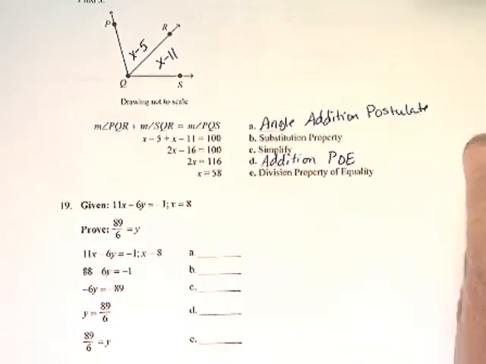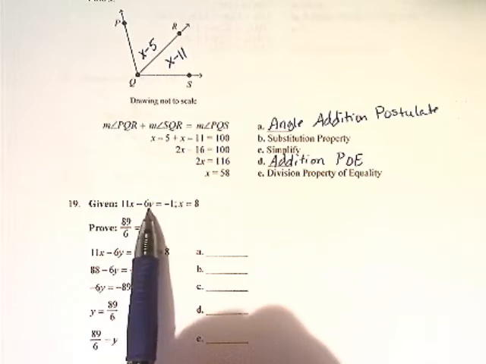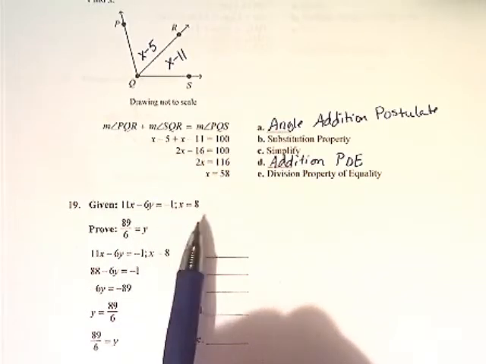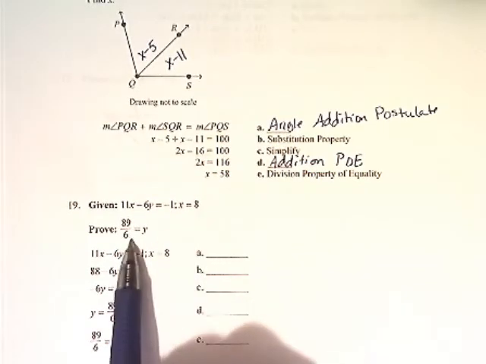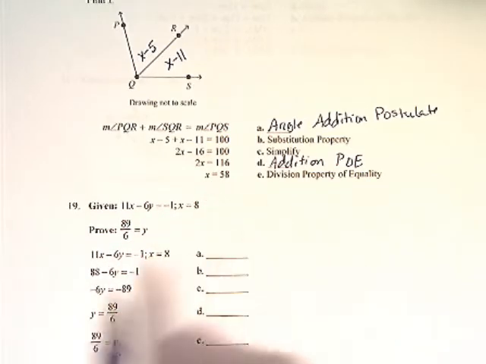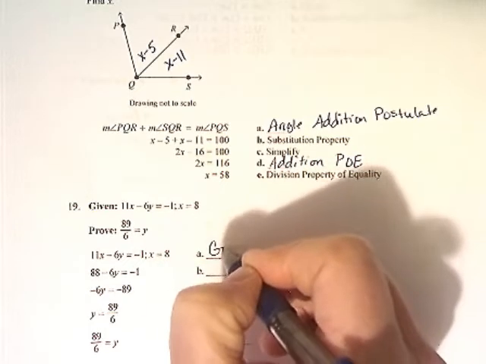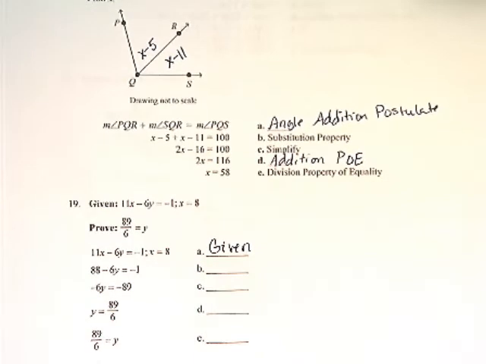Okay, number 19, algebraic problem where they're giving you 11x minus 6y equals negative 1 and the fact that x equals 8, and this is what they want you to prove. So they set this up. They write out the given information. So the first part of this one is given.